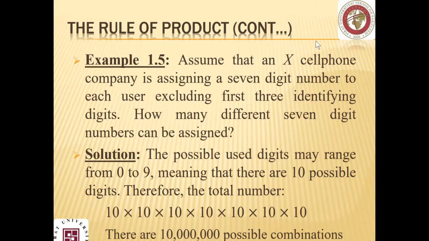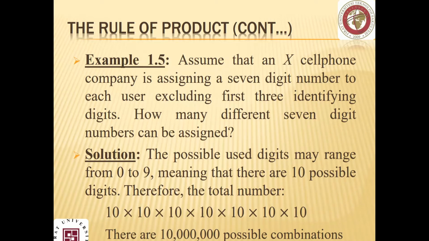We go to the next 7 digits. For the next 7 digits, we may have any possible digit that we have in our decimal system. So we have 7 digits, we can arrange them like this, 7 digits here, I mean only the digits. But for each of the 7 digits, how many possibilities do we have? Any decimal digit can be from 0 to 9, right?